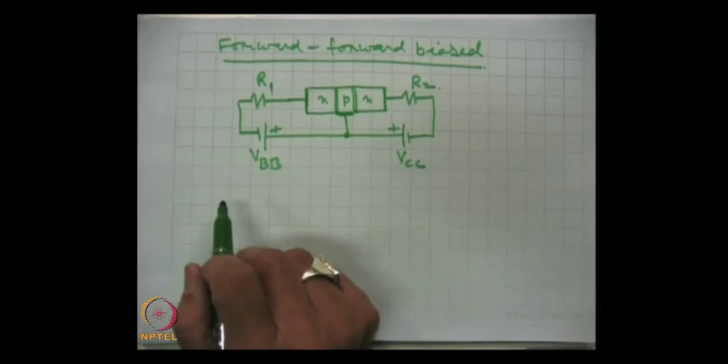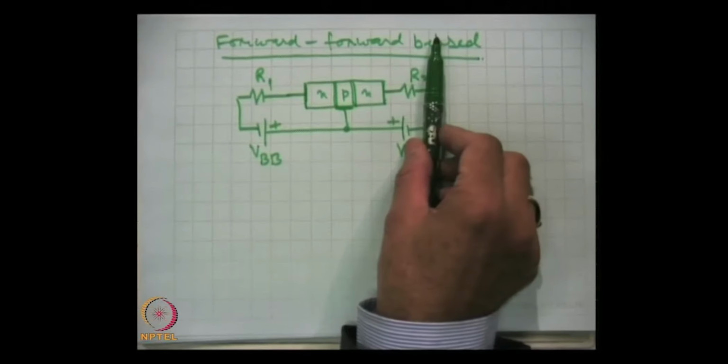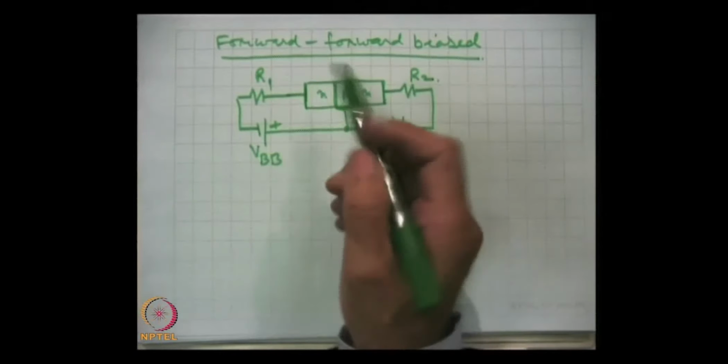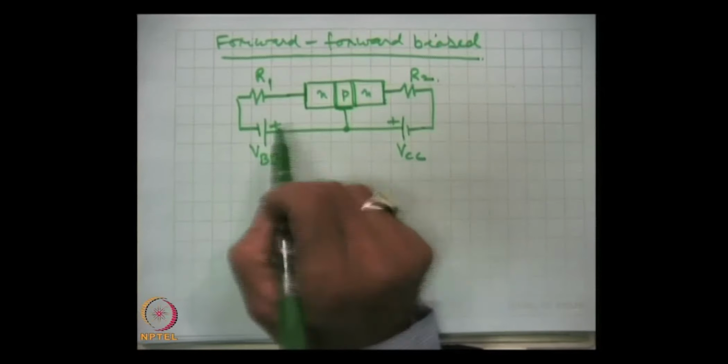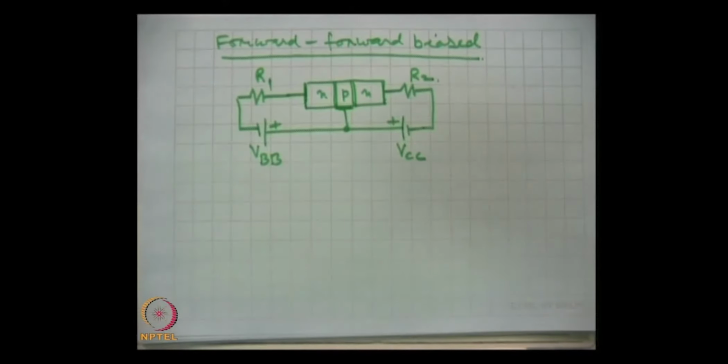For the time being, let us forget about this part. So, we just consider the emitter and base junction which is forward biased. Now, before discussing this forward bias, let me say that we are discussing basically the application of the transistor in amplifier circuits.